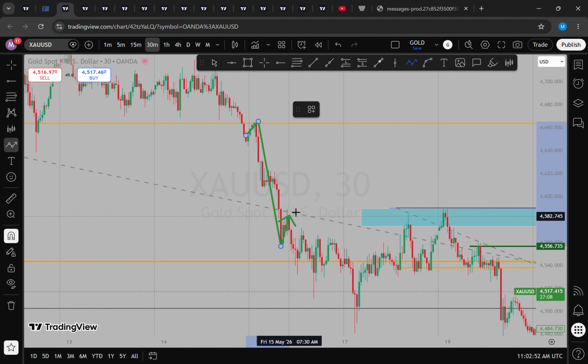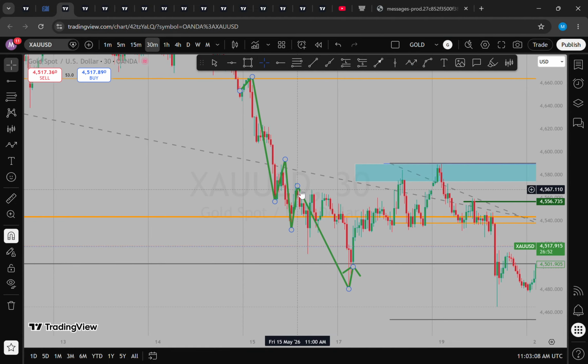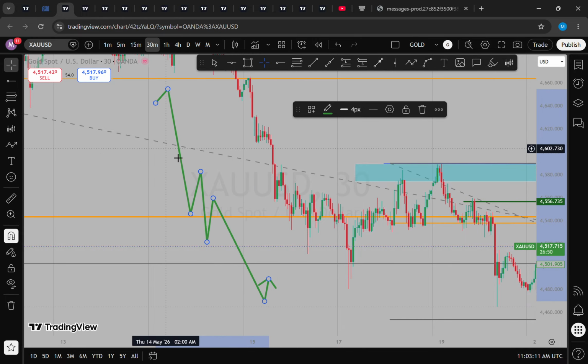Lower low, lower high, lower low, lower high. From here, this is a high, lower high, lower low, lower high, lower low, in that order, like what I said from the beginning.